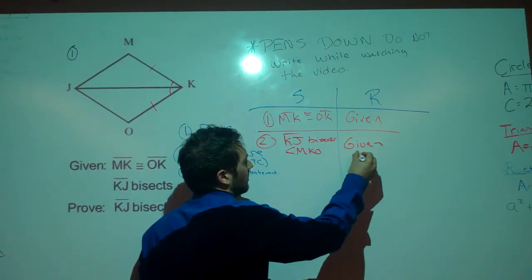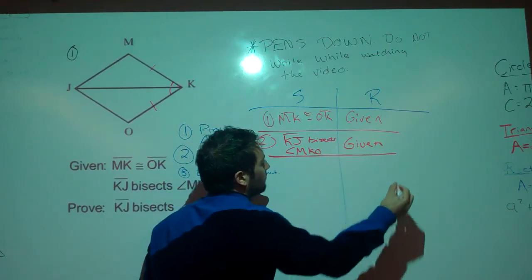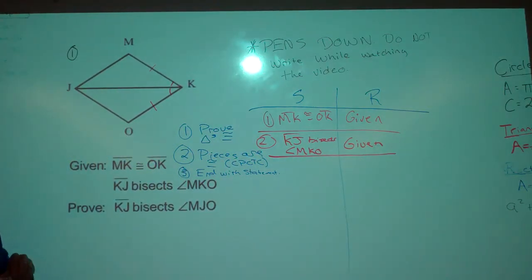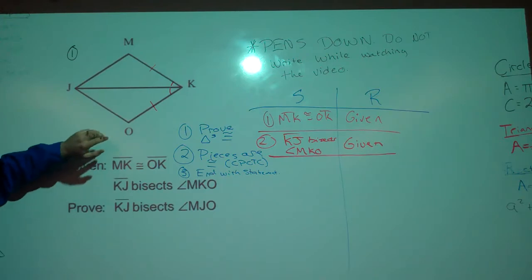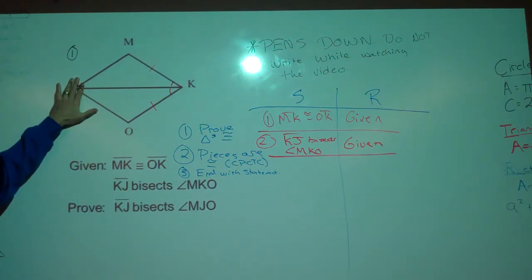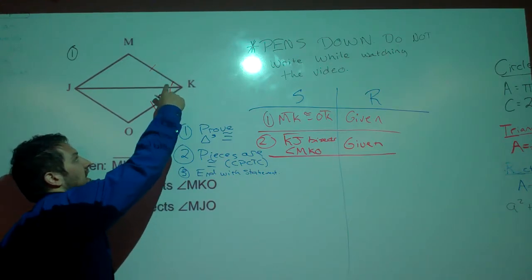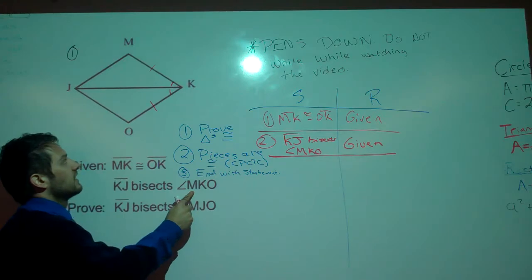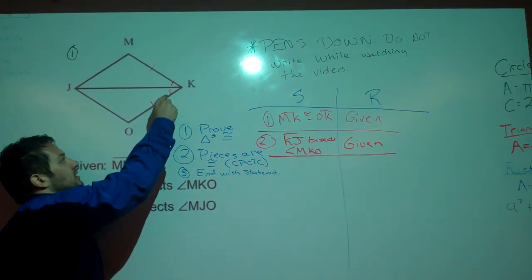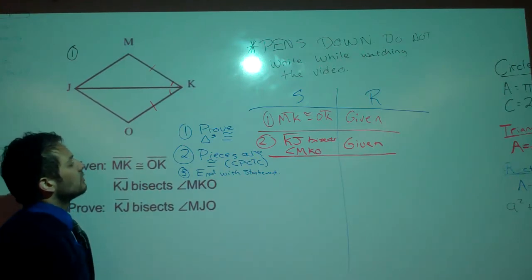With this given, I should be asking myself what new information I can include to be true, which pieces are going to be congruent. Because this angle on the right got cut into two equal angles, because it was an angle that is bisected, I should be thinking that the two angles that are remaining, the one on top and bottom, are going to be congruent.